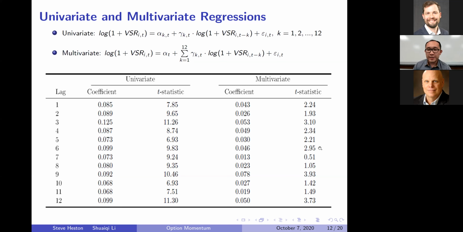We can see the t-stats are highly positively significant for quarterly lags, which are the 3, 6, 9, and 12 months lag, relative to other non-quarterly lags. For non-quarterly lags, they are less positively significant. But in the univariate regression, they are all highly positively significant. So this says the quarterly seasonality contributes a lot to the option momentum.